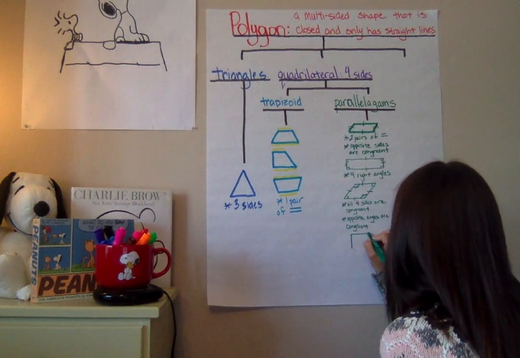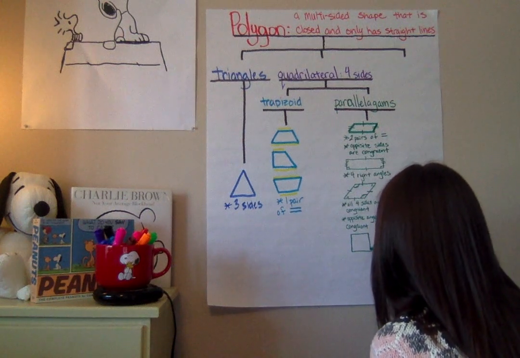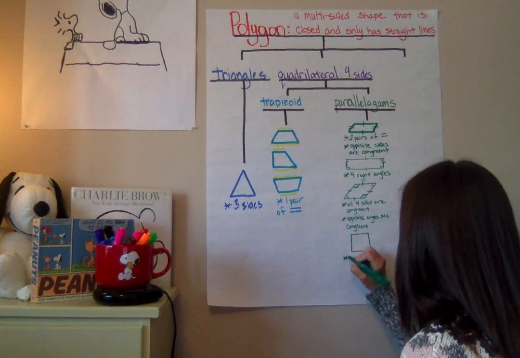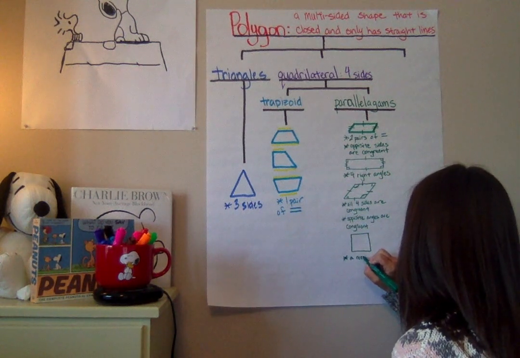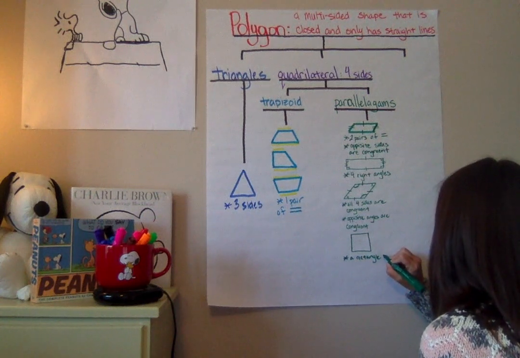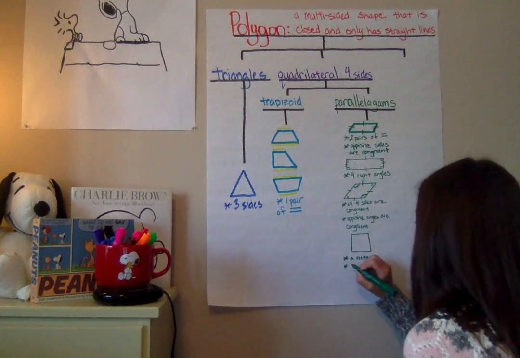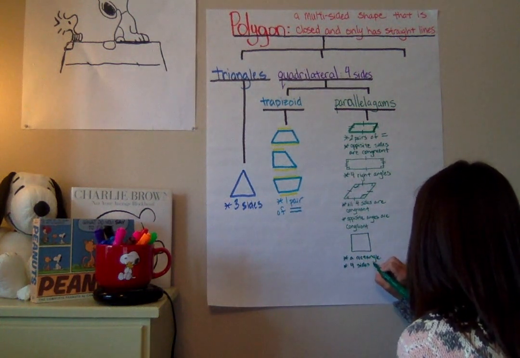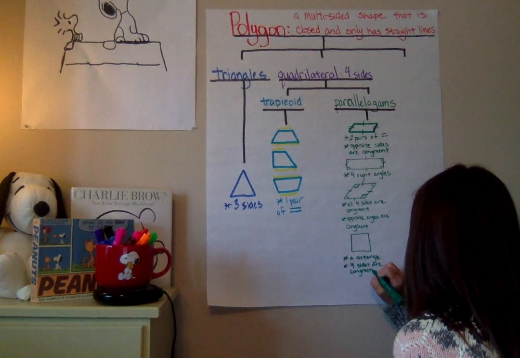In fact, we'll probably say on here that it is a rectangle, but it's just like the rectangle, and it has all 4 sides congruent. Okay?